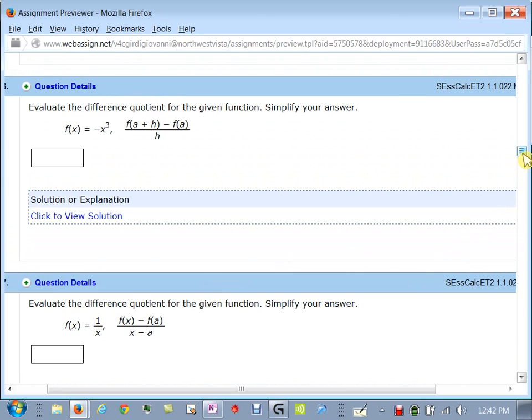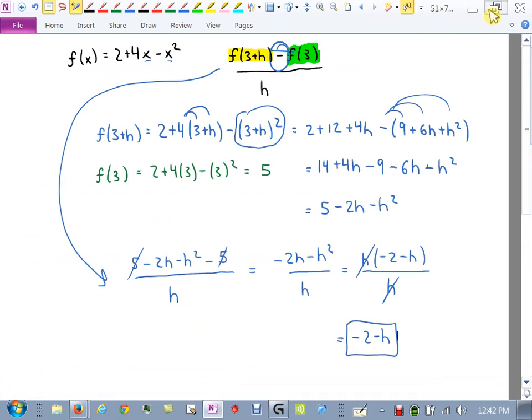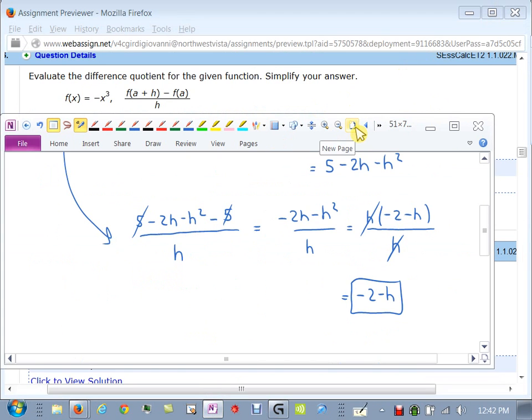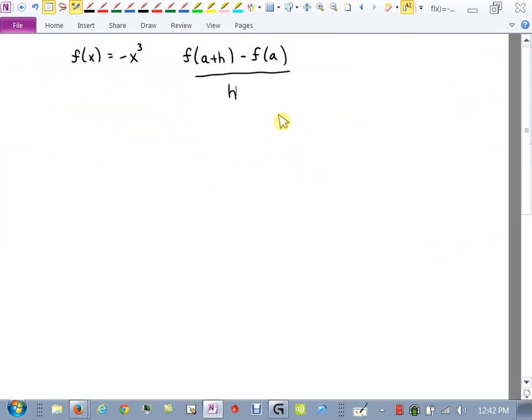So f of x equals negative x cubed, and we want to find this. So that does not look that great. So I'm going to start a new page here. Let's see, we have f of x equals negative x cubed. I want to find f of a plus h minus f of a all over h. So I'm going to try and do this one a little bit faster.